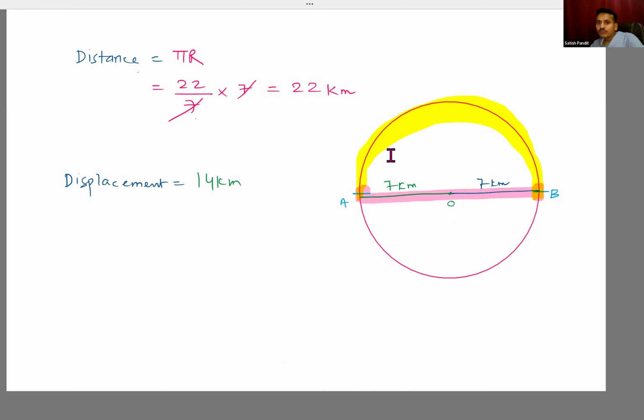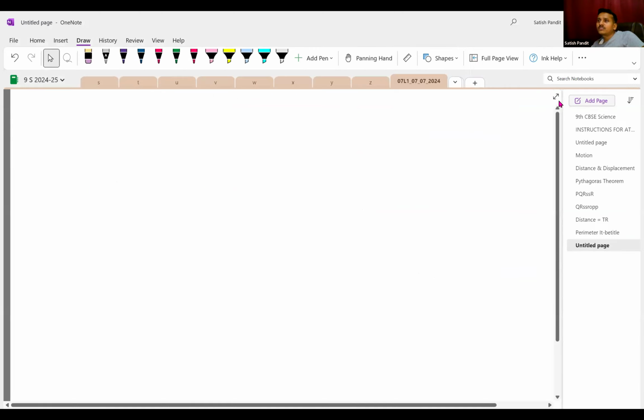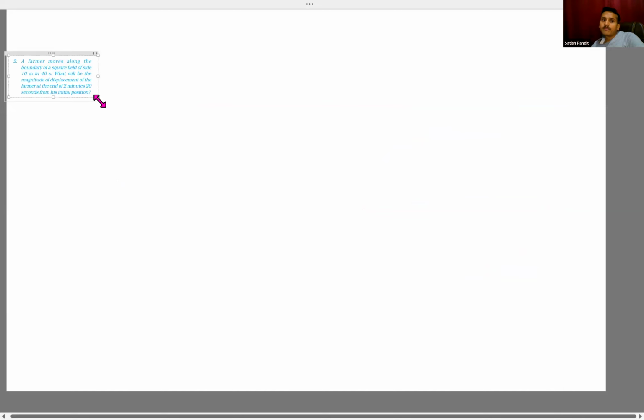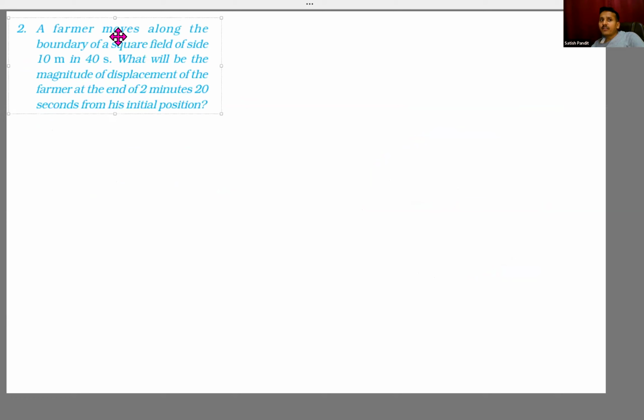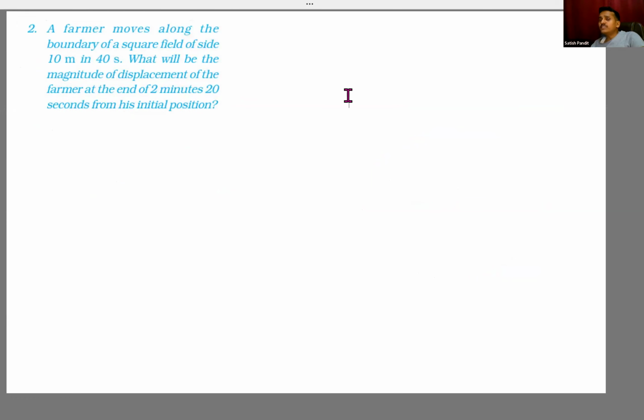So now, let's do a few more questions here. We'll take some questions from NCERT and do it. So the second question from the NCERT in-text questions. Okay, we'll solve it. It says a farmer moves along the boundary of a square field of side 10 meter in 40 seconds.